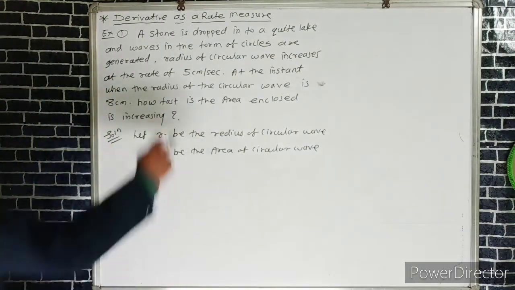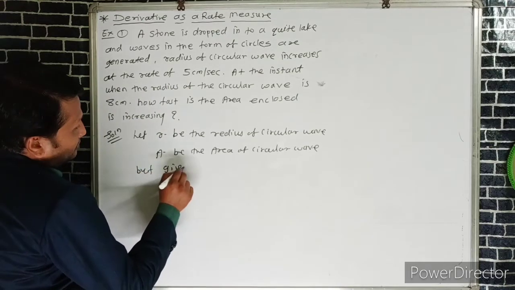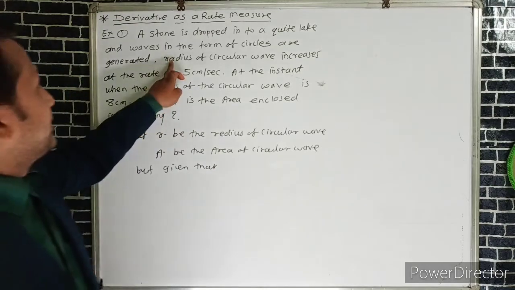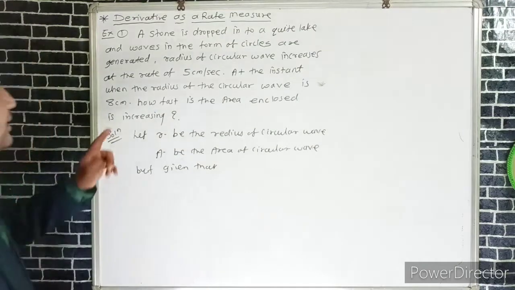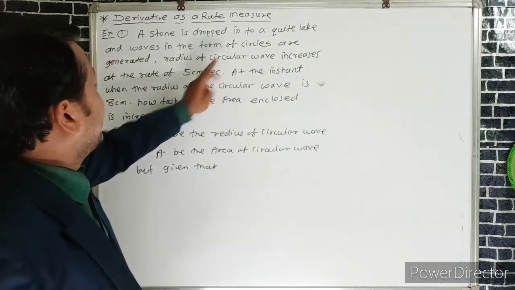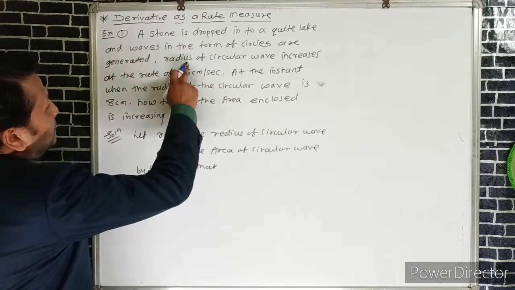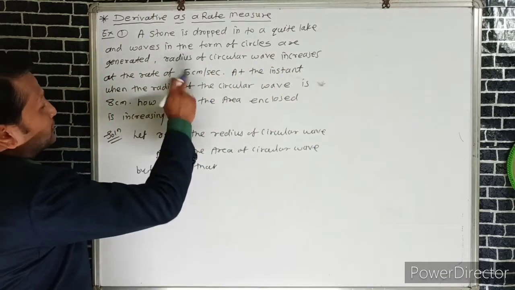Now, by the given condition, the rate of change of radius of the circular wave with respect to time t is 5 centimeter per second.